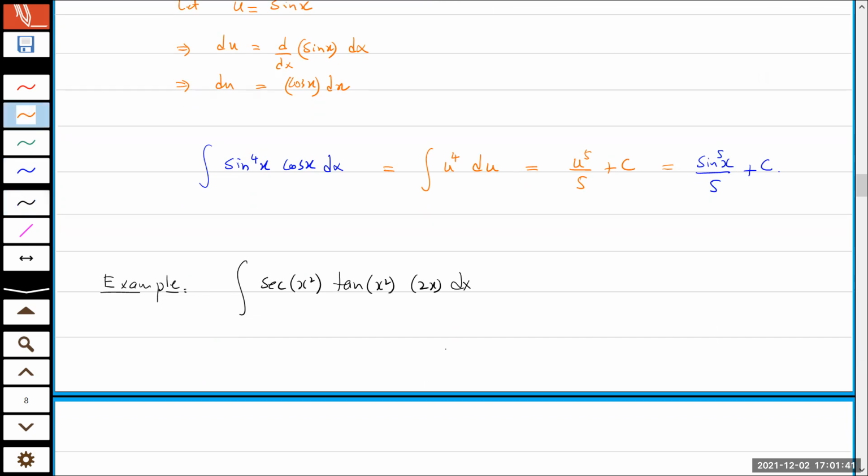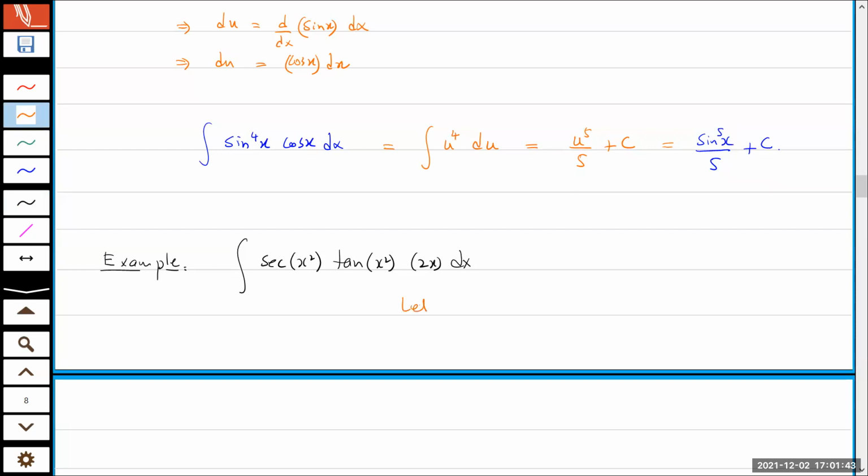But I'll start with u equals x squared. And the reason for that is because I see that 2x is sitting inside the integral. So that might simplify my work. This gives me du equals d over dx of x squared multiplied with dx.